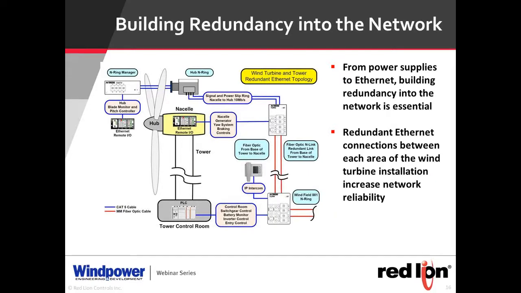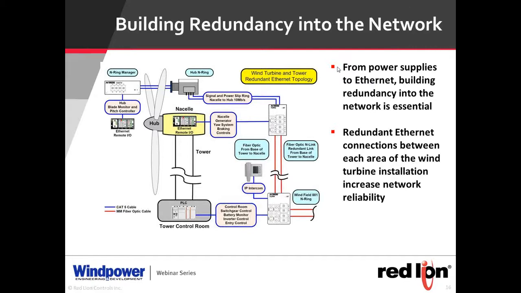Now, building redundancy into the network, we can't tell you any single way is the best way to lay out where the switches are positioned in the network. But we can tell you that designing redundancy into the network is a best practice. From the single highest point of failure, which is usually a power supply, to building in redundant connections is critical.